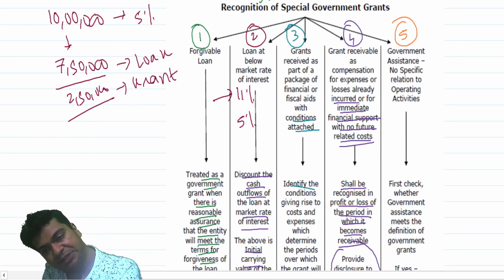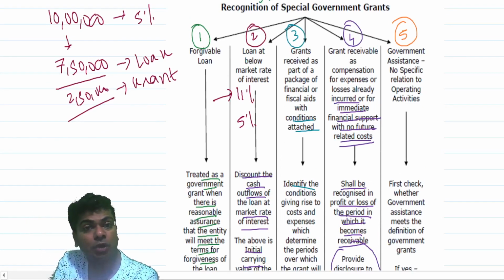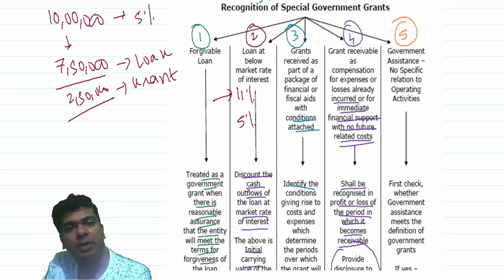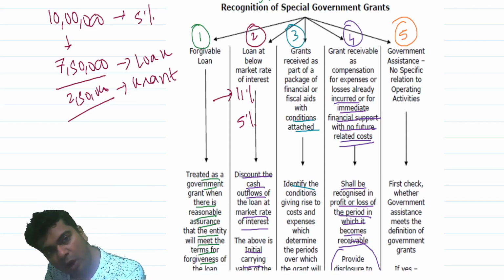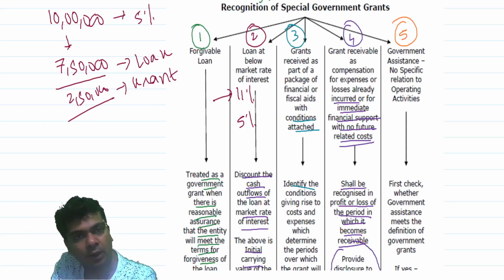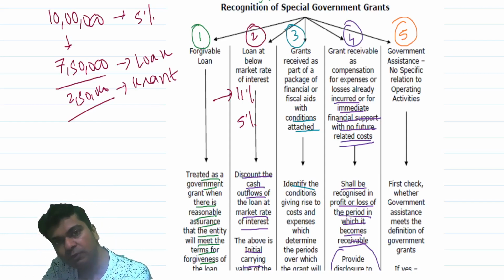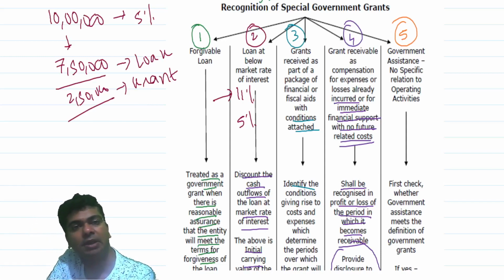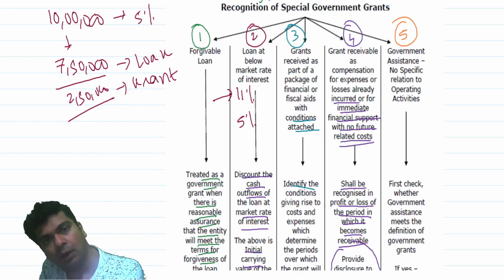Finally, government assistance with no specific relation to the operating activities. Now, when we understood earlier the definition of a government grant, we made it very clear that a government grant is assistance from government. It involves transfer of resources from the government to the entity because of fulfillment of certain conditions, either in the past or in future. Right?